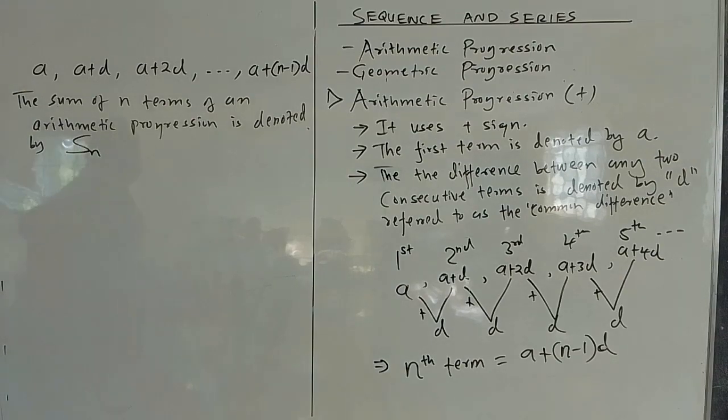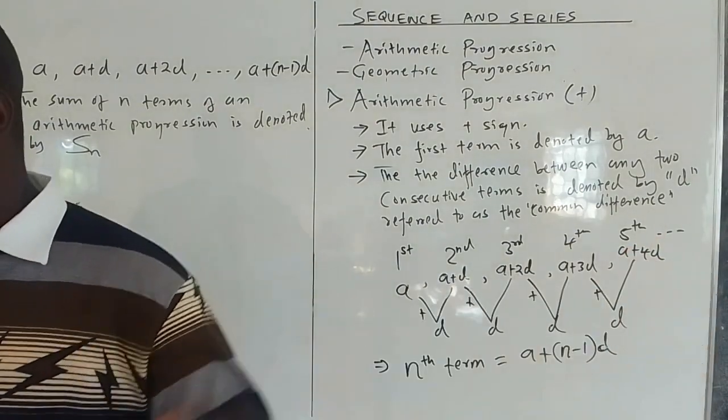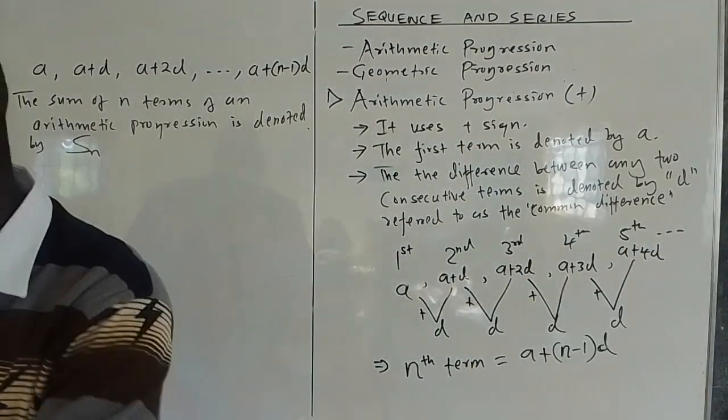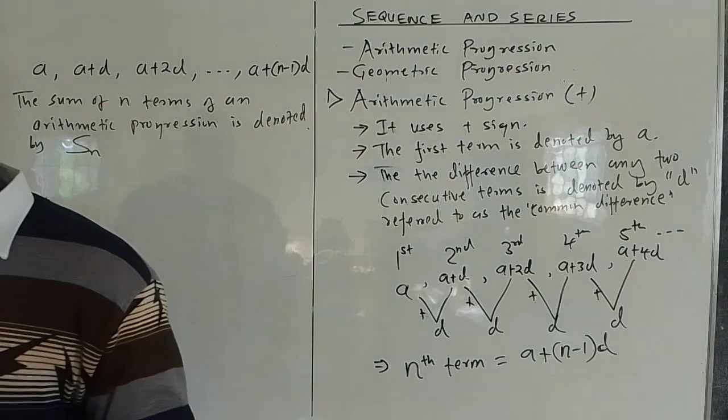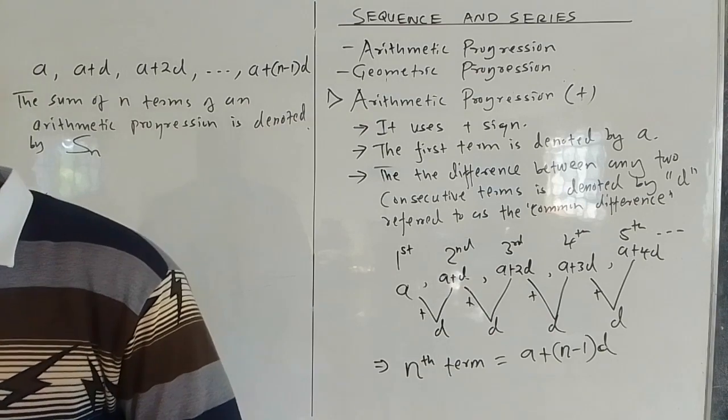Are you seeing that? When you sum the terms of an arithmetic sequence, it becomes a progression, isn't it? So the sum of any n terms of that given progression is denoted by Sn.